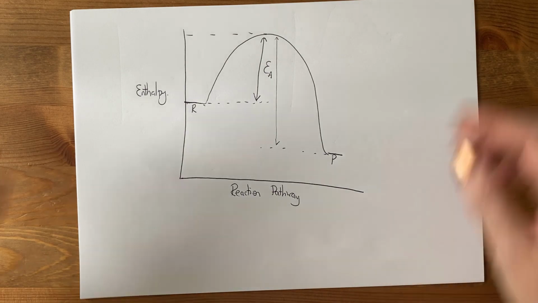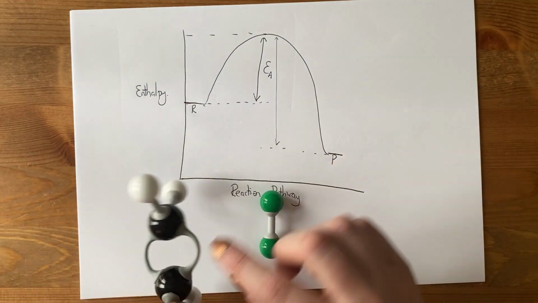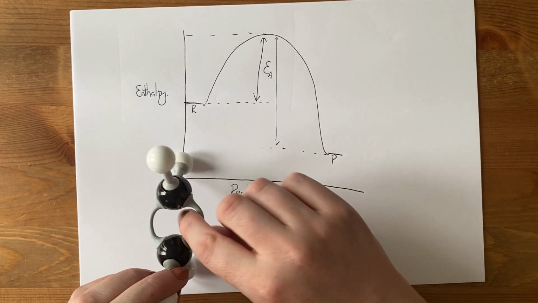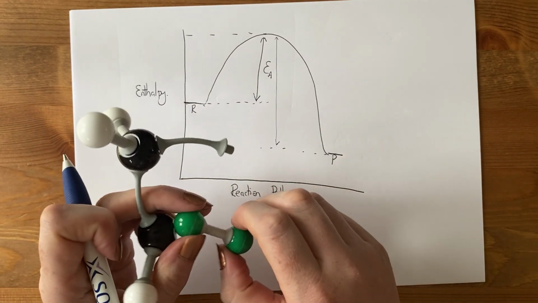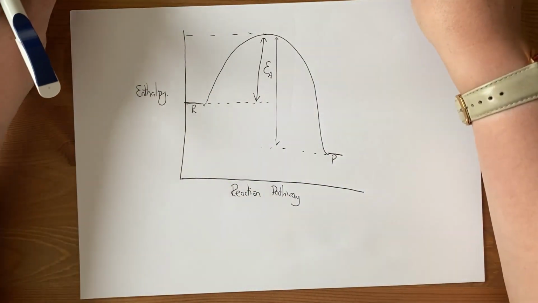And the reason that this happens, if I just bring this in just now, if I am adding, say, bromine into this ethene molecule, this has to break, and this also has to break in order for these to go in.